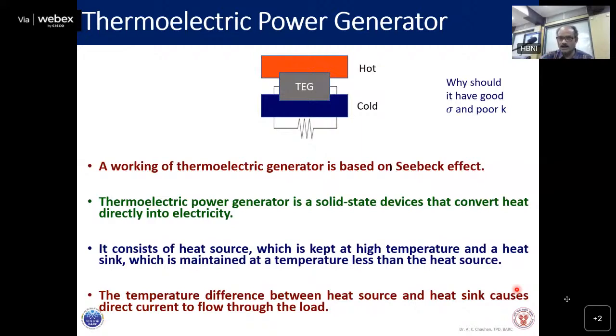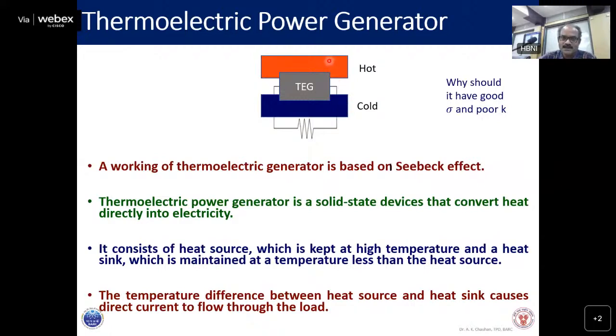So now let us see why we need high sigma and poor thermal conductivity. Suppose the thermal conductivity of this material is very high. Electrical conductivity is very good and thermal conductivity is also very good. What will happen if this is not an infinite source of heat, or an infinite sink?